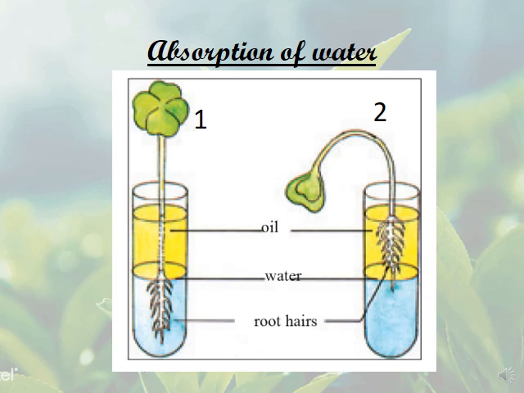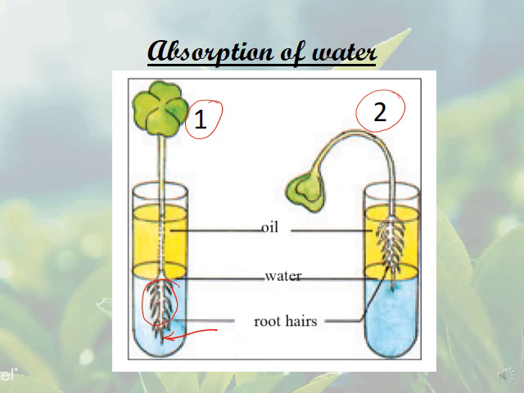First, these plants were placed in test tubes 1 and 2, which contain oil and water. The first plant, where the root hairs and the root cap, this is the root cap and the root hairs, both of them are placed in water.